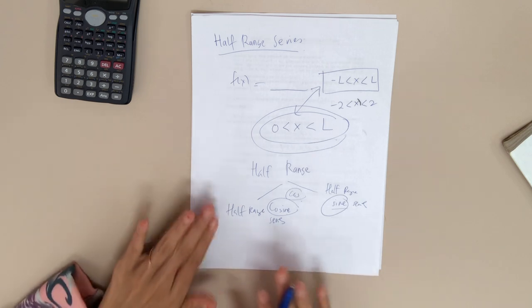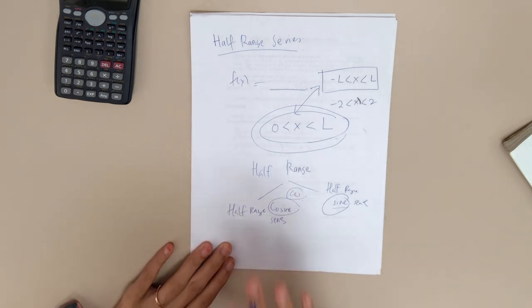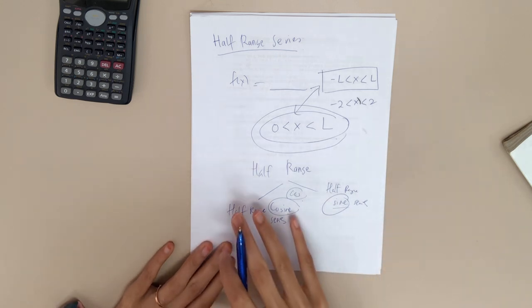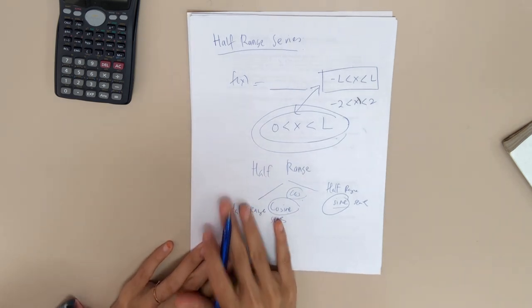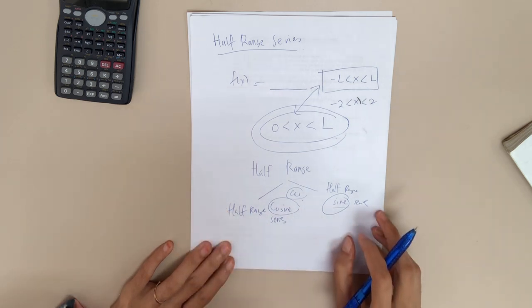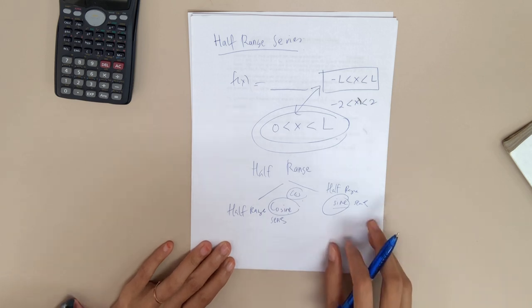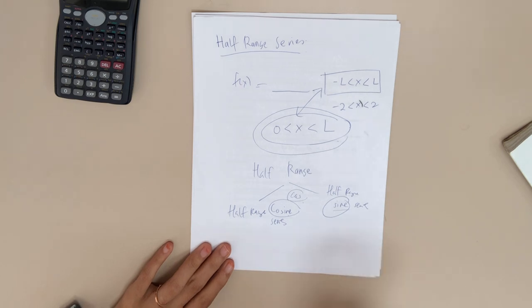So for half range cosine, if the question asks you to find half range cosine, you need to solve it by using even, meaning the function is even. And if the question asks you to find half range sine, you need to solve it by using odd. Is it clear?